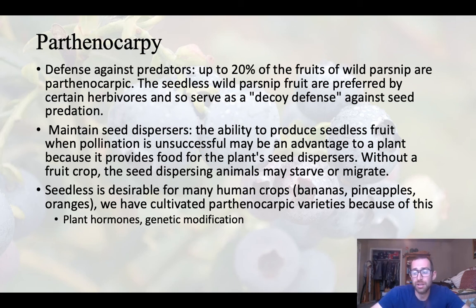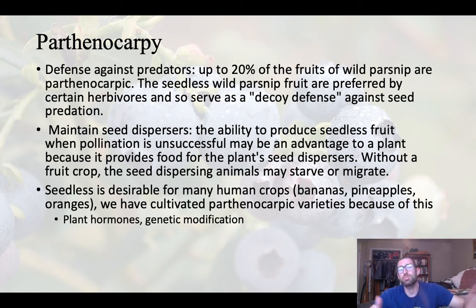Another theory is they may act to maintain seed dispersers. So if you're a plant and you are reliant on some sort of organism to help disperse your seeds, if you have a year where your pollination is unsuccessful, you may not attract those seed dispersers, may move on.